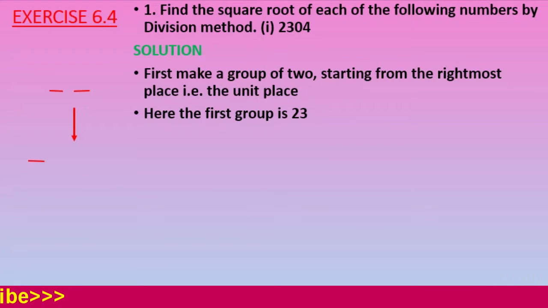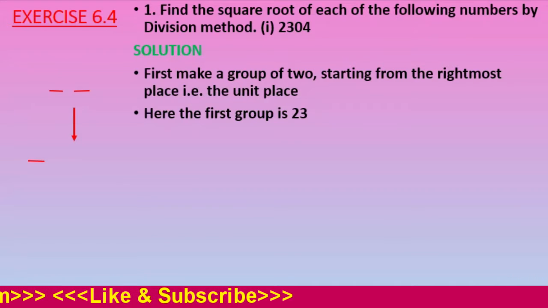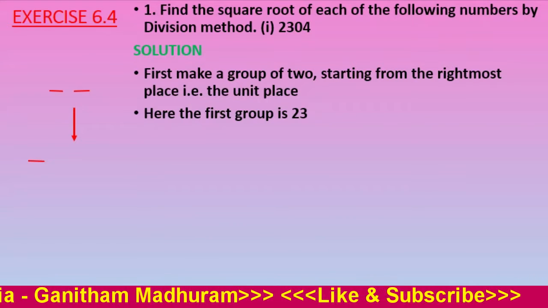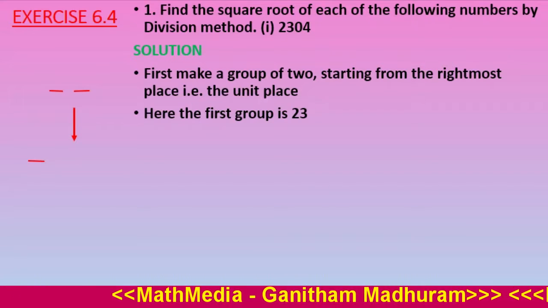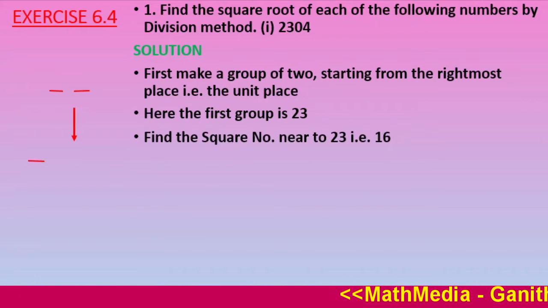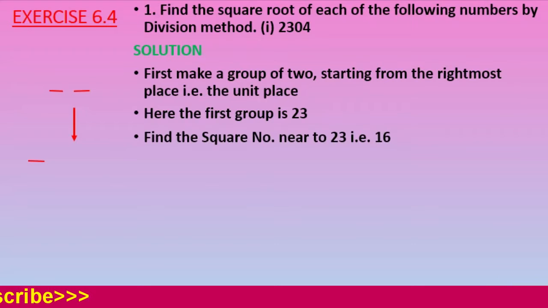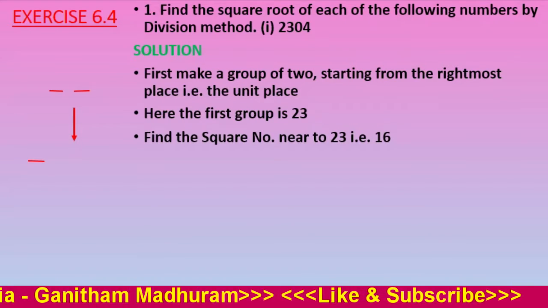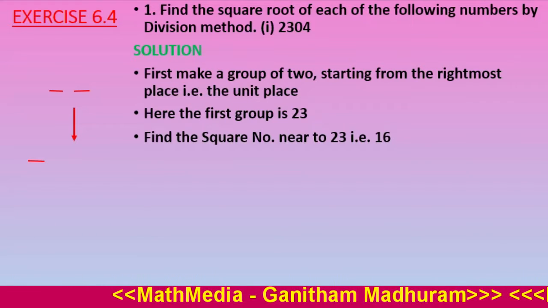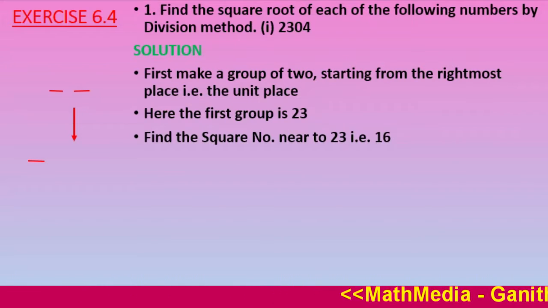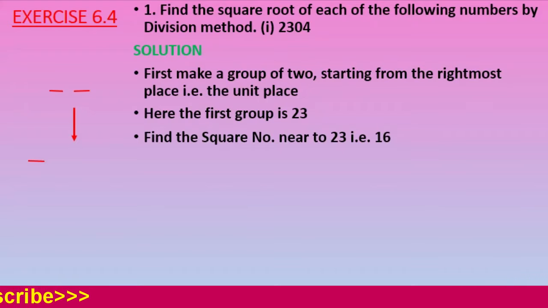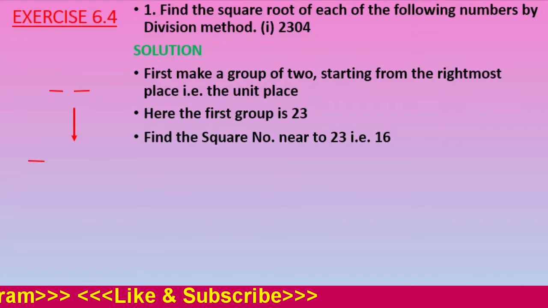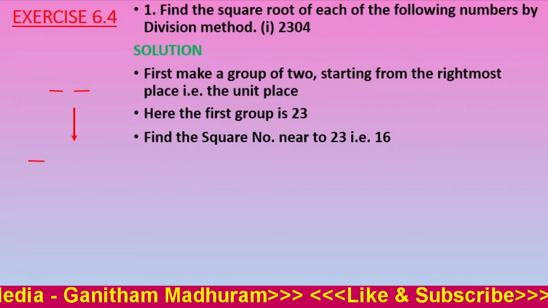So what do we have to do? We choose the square number less than 23. Which is that one? It is 16. So we have to write 16 just below 23 while doing the division. And what is the square root of 16? It is 4.